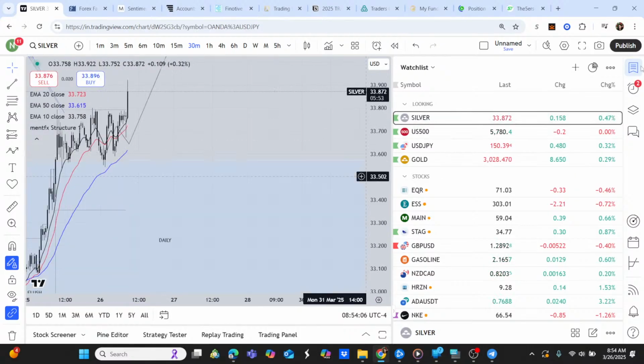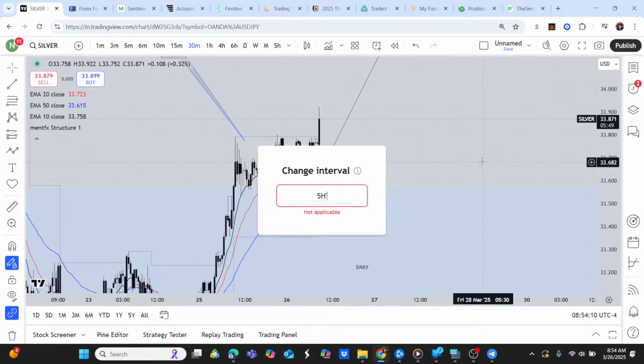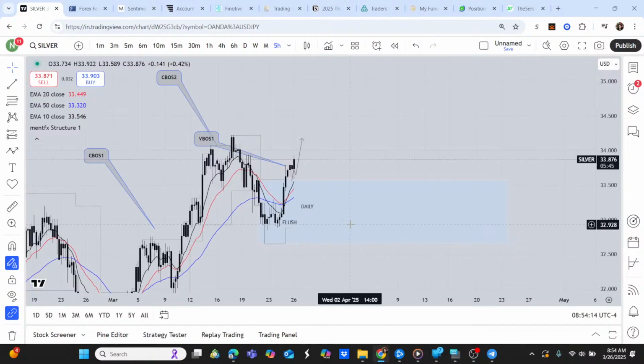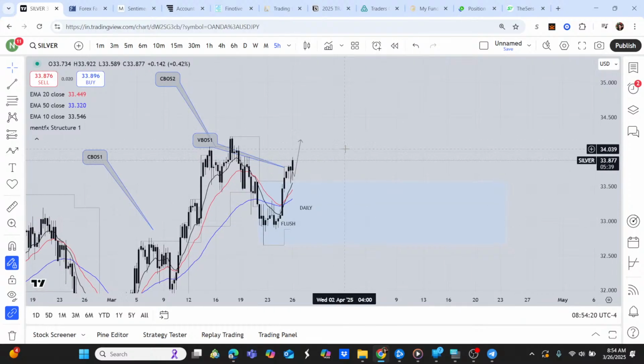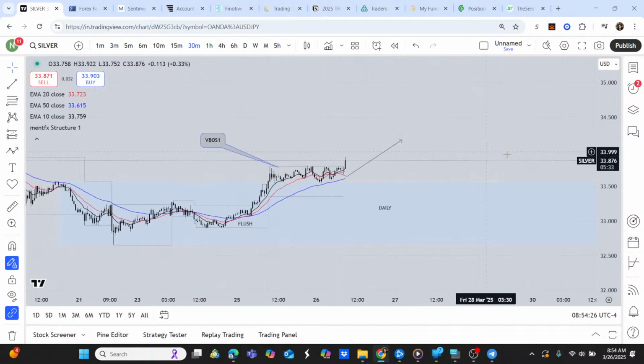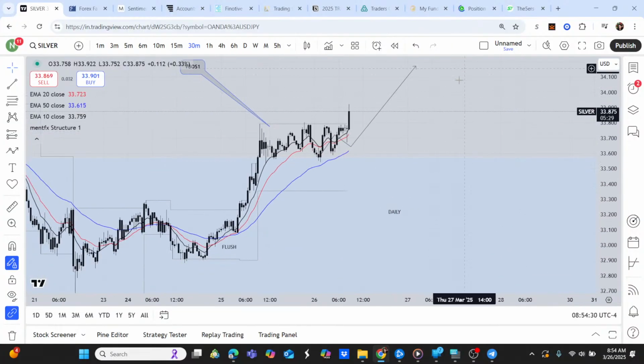Let me see what's going on for the other ones. Start off with a 5 hour time frame. 5 hour, we had a flush. First break right here on the 30 minute. So the 30 minute, we had a flush.